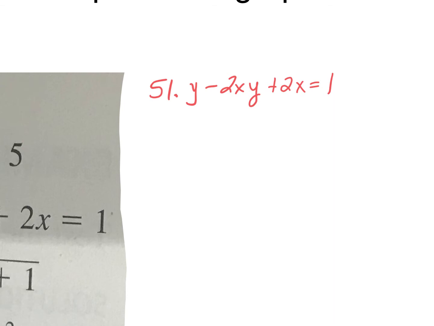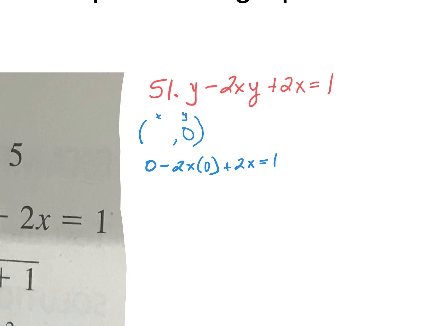What do you want to find first, the x-intercept or the y-intercept? If you're going to find x, that means you plug in 0 for what? So do that. If you need to write an x here and a y here to remind yourself, that's fine. I'm going to substitute in a 0 for everywhere I see a y and solve. So I have 0 minus 2x times 0 plus 2x equals 1.